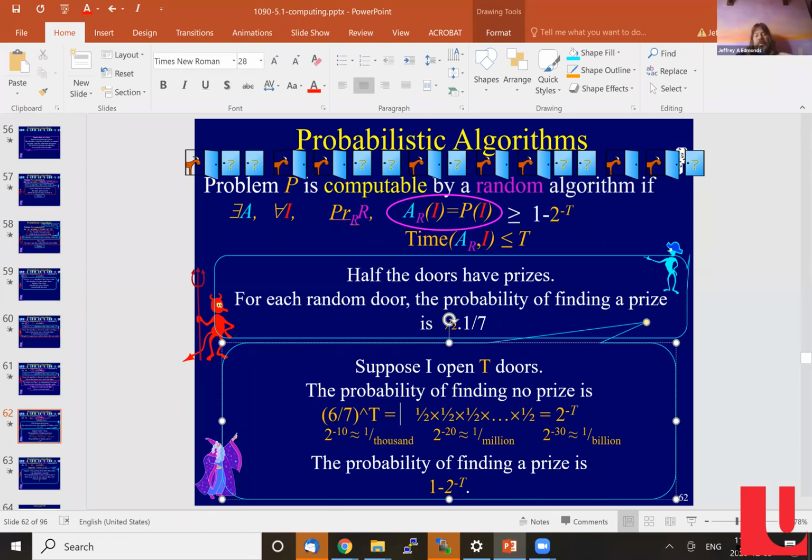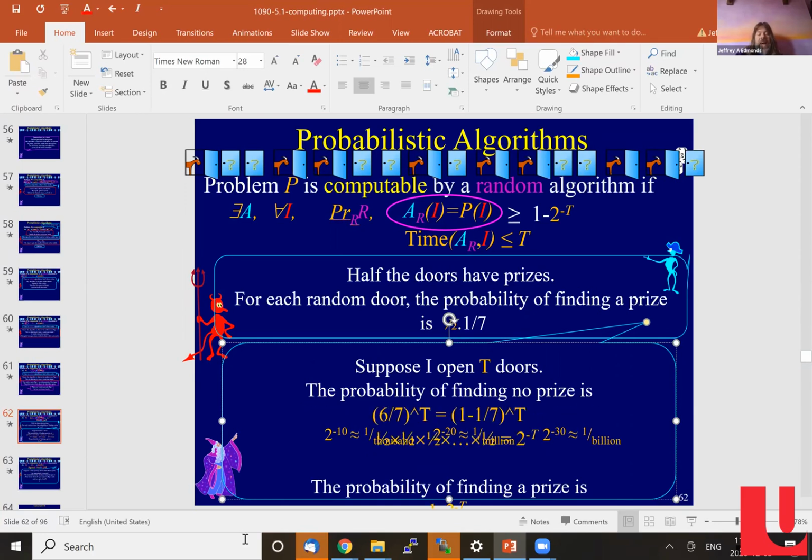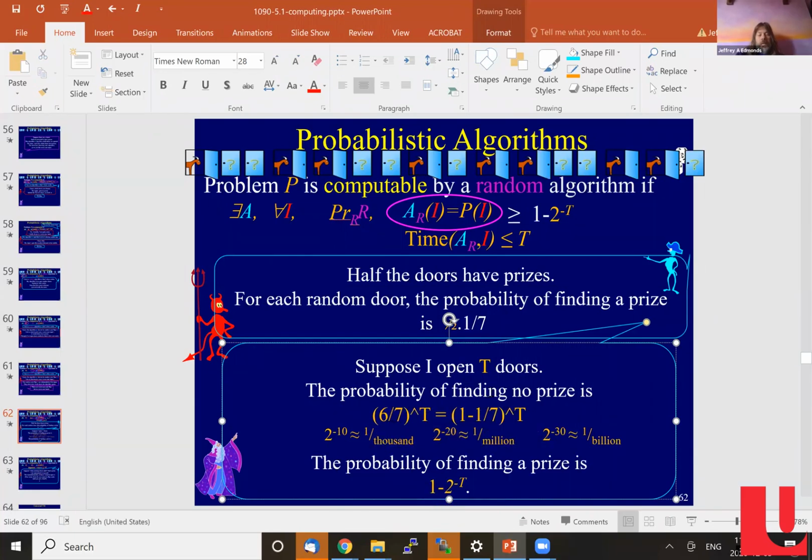This is approximately, well, this is 1 minus a seventh, to the t. And that is approximately 2 to the negative t over 7.